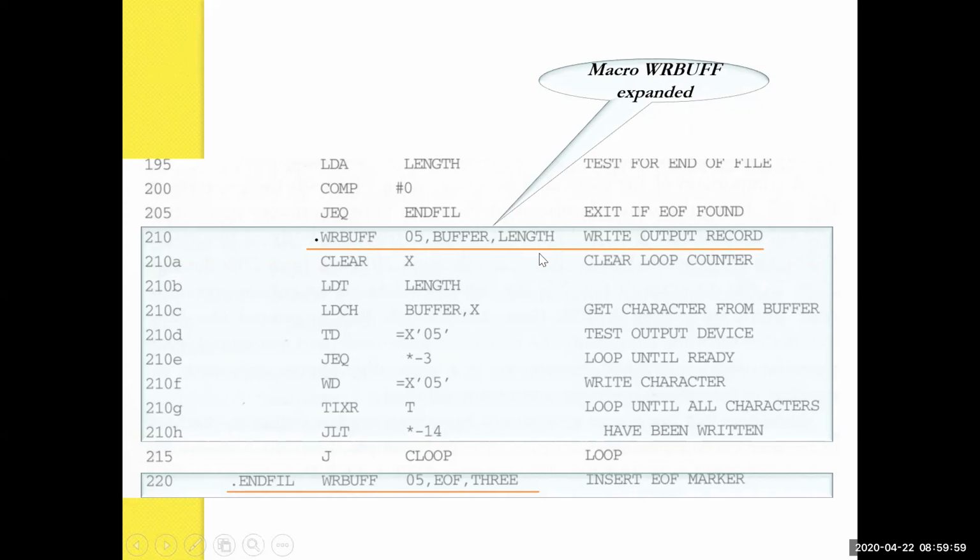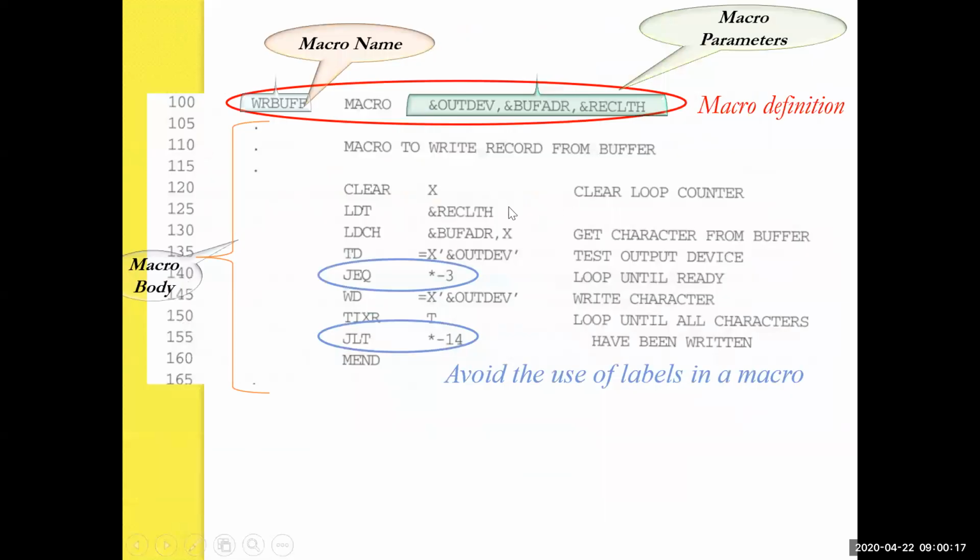I have underlined it here. And the statements generated are from CLEARX to JLT star minus 14 as I mentioned. The device address is replaced with 05. Buffer address is replaced with buffer, and record length is replaced with length, as you can see. If you just go back, record length should be replaced with length, buffer address should be replaced with buffer, and output device address should be replaced with 05.